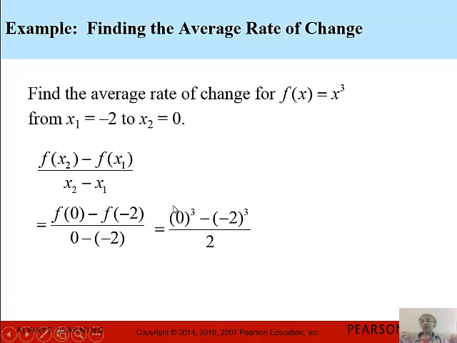But f of x cubes its input. So I'm going to cube 0 and subtract from that the cube of -2. So this turns out to be 8/2, which is 4.